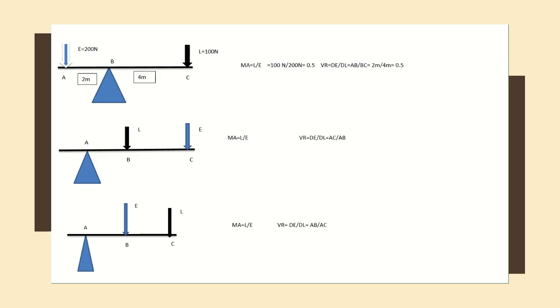So for the velocity ratio, the distance that you take varies depending on where the load or the effort is. The same principle can be used to calculate it, but the same formula for the first class lever cannot be used for the second class lever, because the positions of the load and the effort are different. So take note of that.